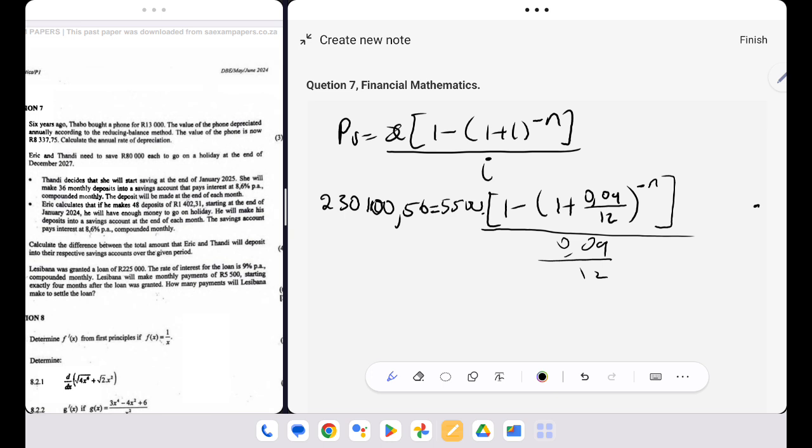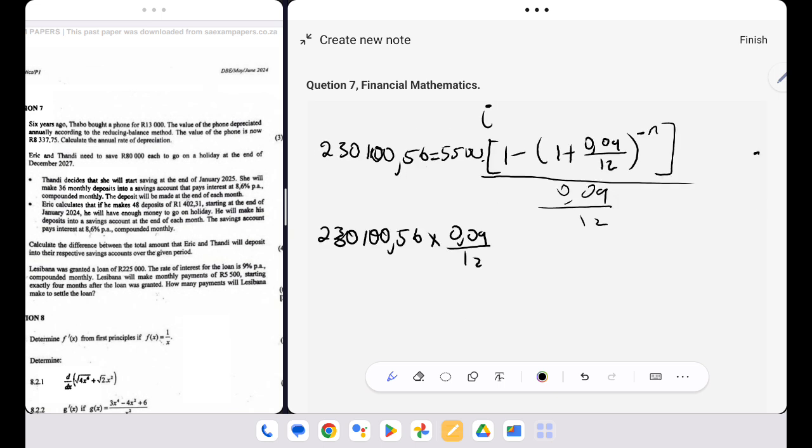Okay, now I know that I just need to remove this denominator by multiplying it to the other side. Multiply by 0.09 over 12, and then I will have to divide by 5,500, and then I'll be only left with the brackets.